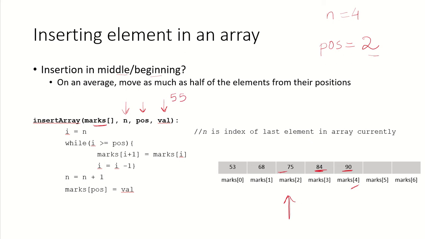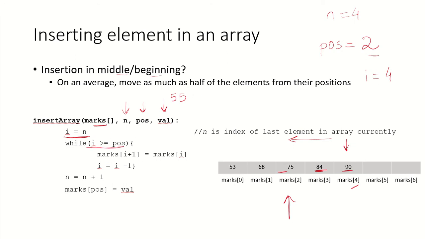We first initialize i to be equal to n. So i is currently equal to 4. So it is pointing to this particular index. And now we will traverse to the left and handle each element in such a way that we are going to shift it to a position to its right.